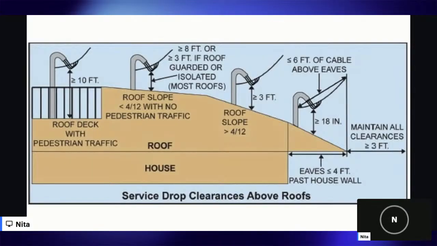If you have a roof with a slope that's less than 4 and 12, the minimum clearance requirement is 8 feet above the roof surface, at least 8 feet.